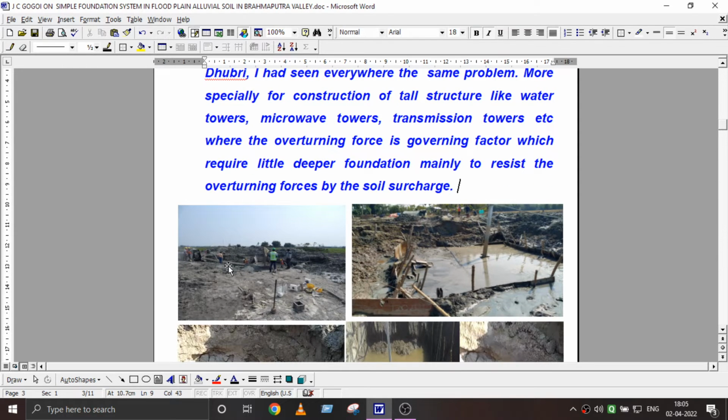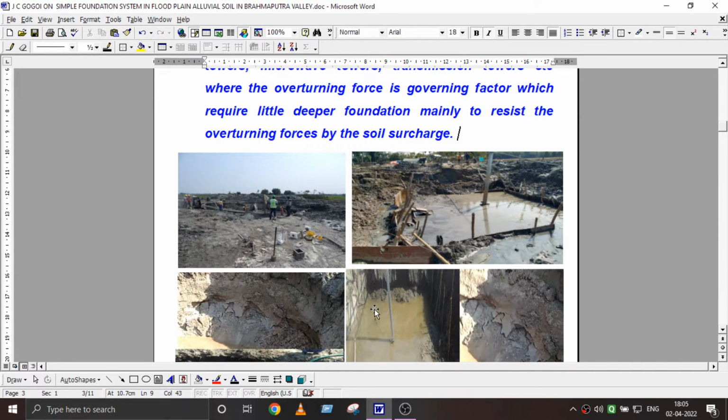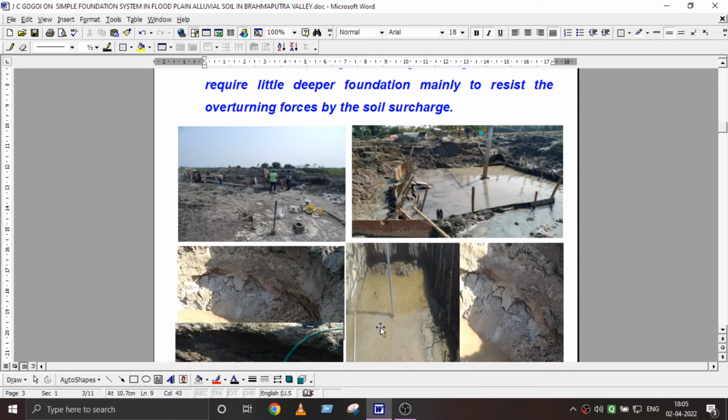These are the site conditions of various sites. These are my old files. You see, it became almost slurry. This side, you see, these are almost slurry.